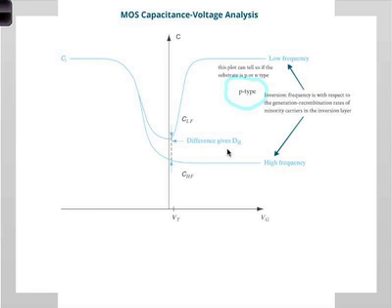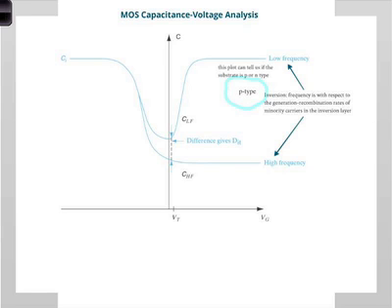But the physics, you have to remember, there are two things happening. One is you're revealing the fixed ions, in this case, the acceptor ions. Okay? And that can happen relatively fast because you're pushing the majority carriers away. But not as fast as just majority carriers changing their concentration. So it's slower than accumulation.